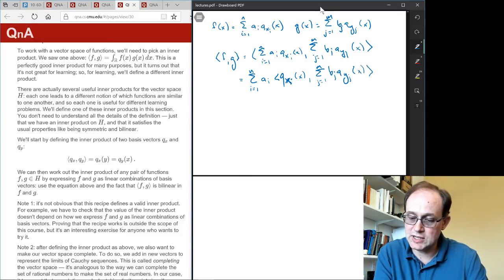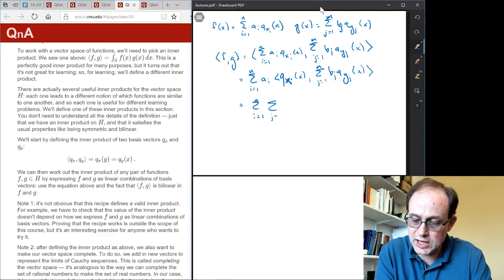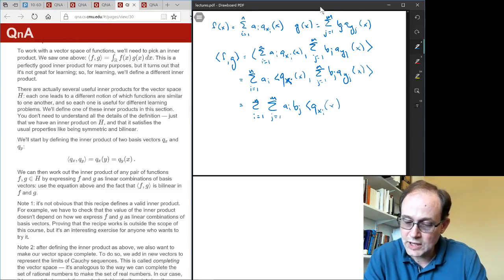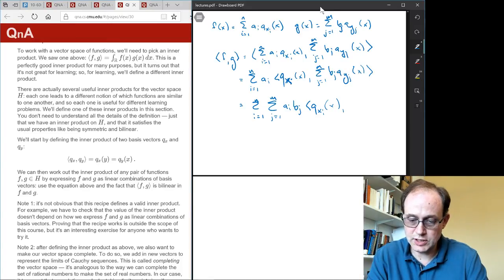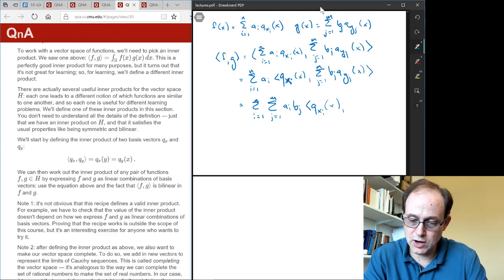And then again, because it's linear in this argument, we can pull out this sum. So this is equal to the sum from i equals 1 to n of the sum from j equals 1 to m of a_i times b_j times the inner product of q_x_i with, sorry, I apologize for the error.